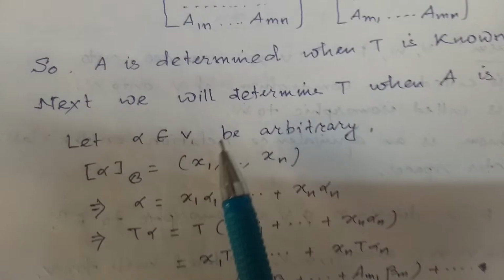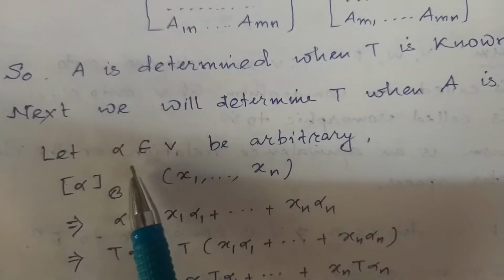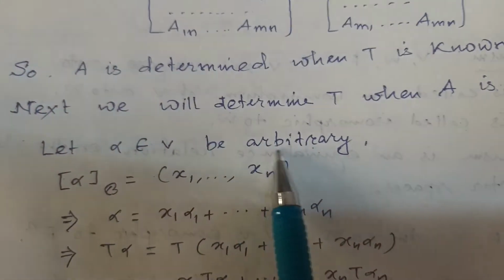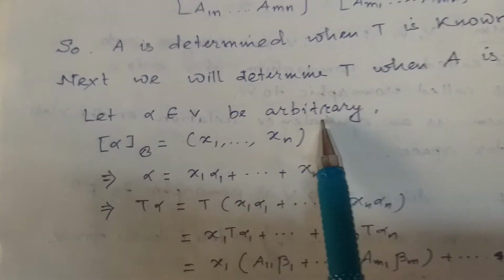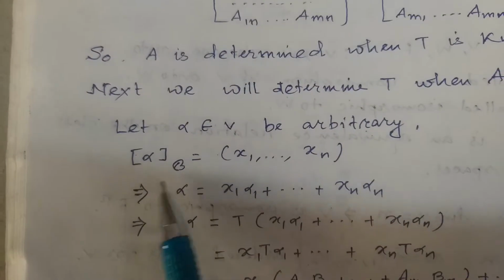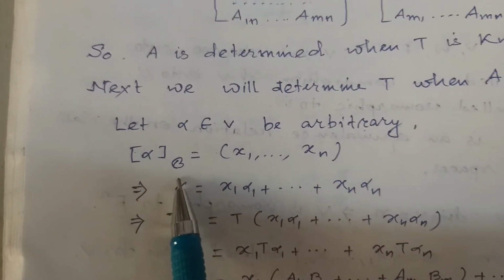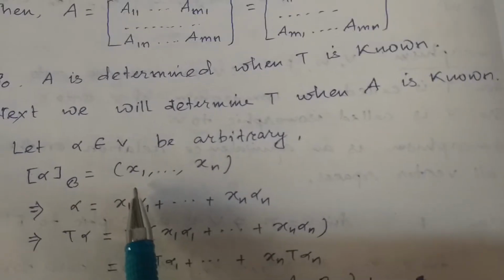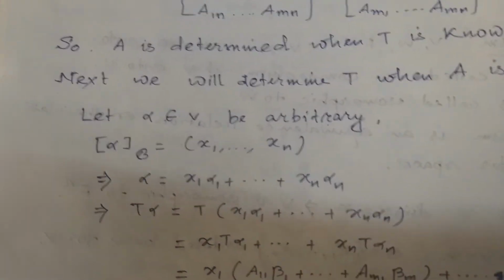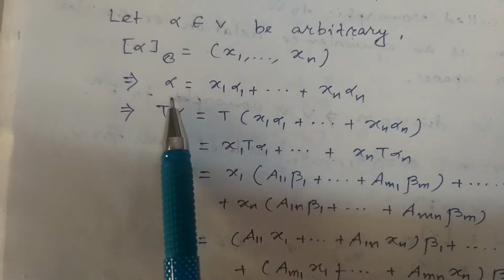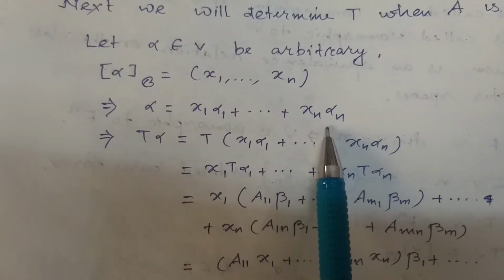Let alpha belonging to V be an arbitrary vector in V, and suppose the coordinate of alpha with respect to the basis B of V is x1, x2, ..., xn. So alpha can be represented as a linear combination: alpha equals x1 alpha 1 plus ... xn alpha n.